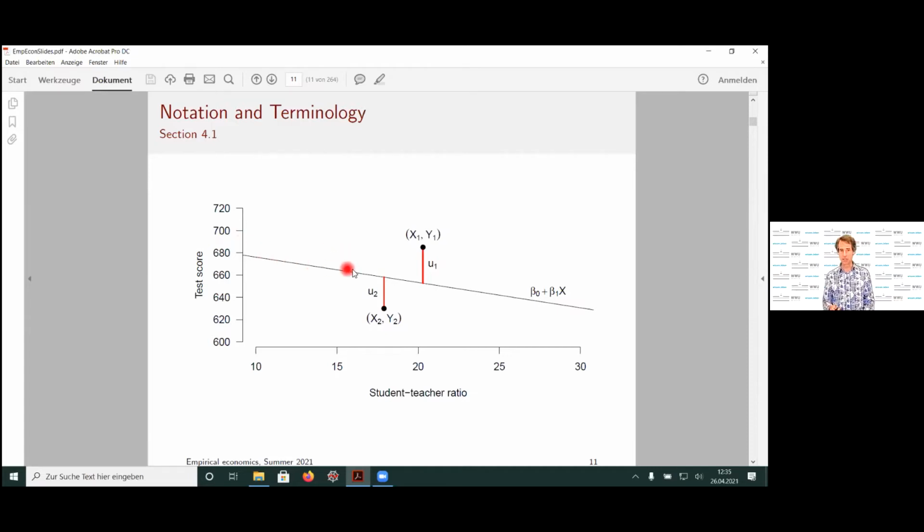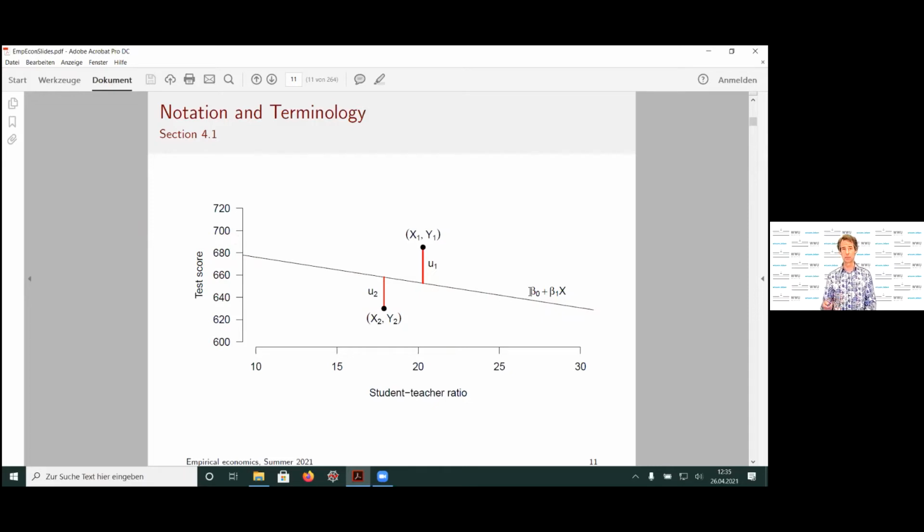No. All right, so let's have a look again at the terminology. We have the regression line, and we assume here that it's actually downward sloping. So we have the intercept, beta naught, somewhere down here at class size 0. Then we have the slope coefficient beta 1, which is in this case slightly negative because it's downward sloping.